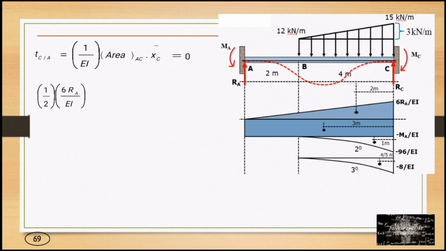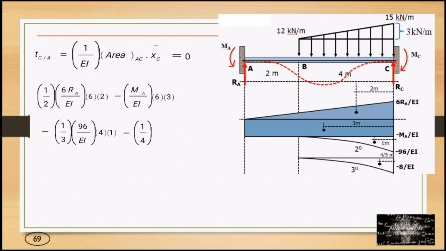So, 1 half times 6 RA over EI times 6 times 2 minus MA over EI times 6 times 3 minus 1/3 times 96 over EI times 4 times 1 minus 1/4 times 8 over EI times 4 times 4 over 5 is equal to 0.